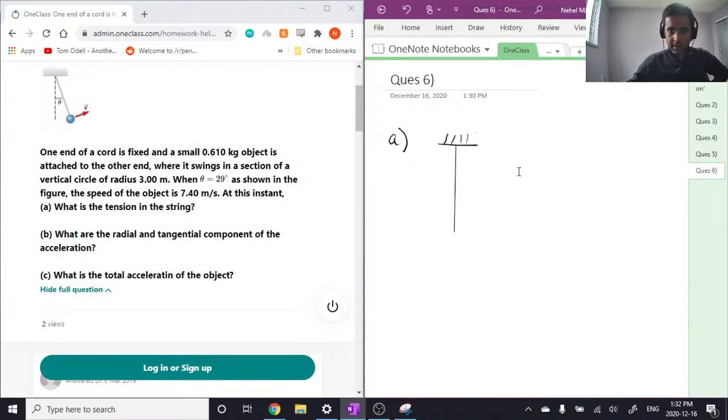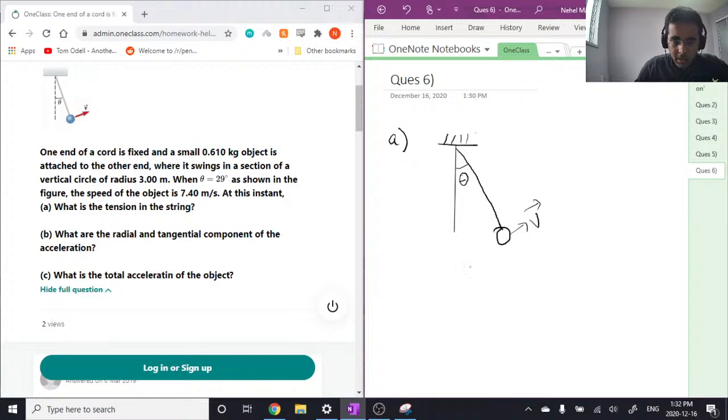So the pendulum is actually at an incline and it's over here, and this angle is theta, and this is moving with a velocity of v.